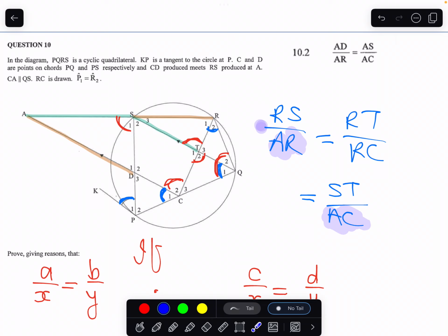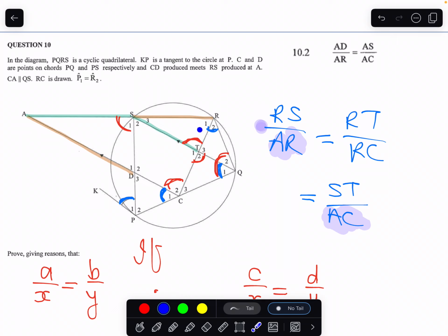This angle, what's going on for you, my brother? So it comes from this chord and this chord. Oh, this is not a chord. Oh, the tragedy of it all.